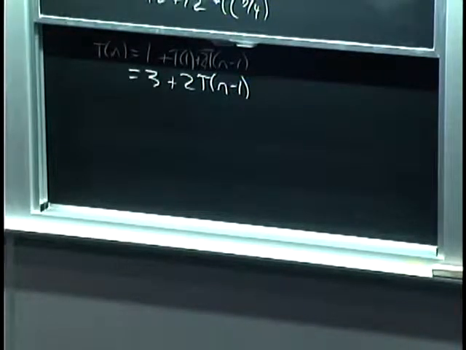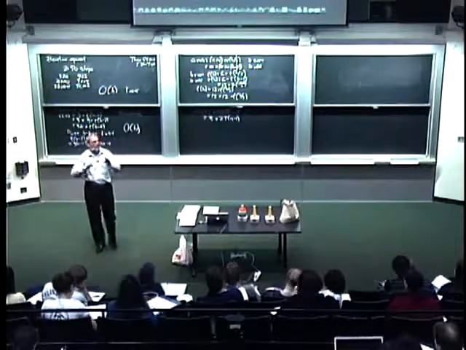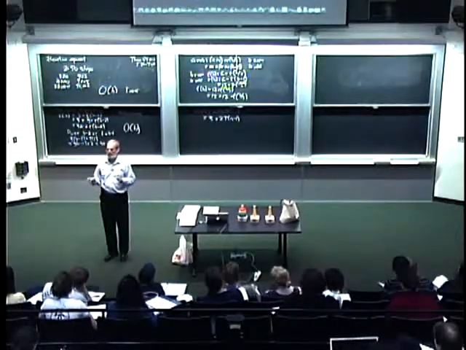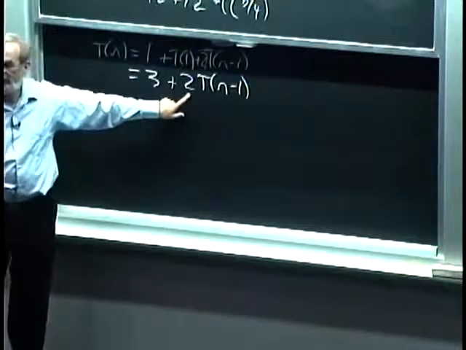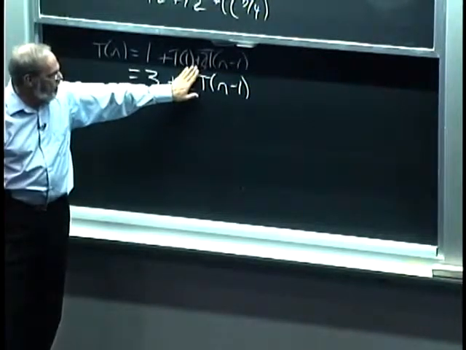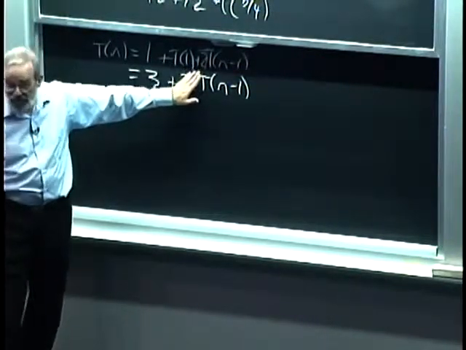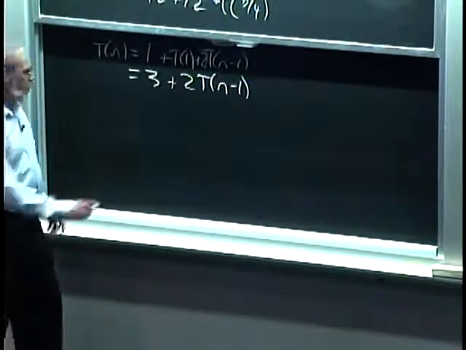Now, you might look at that and say, well, that's just a lot like what we had over here, right? We had some additive constant plus a simpler version of the same problem reduced in size by 1. But that, too, matters. So let's look at it. How do I replace the expression for t of n minus 1? Substitute it again. T of n minus 1 is 3 plus 2t of n minus 2.